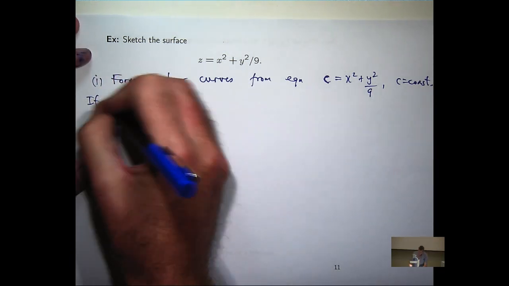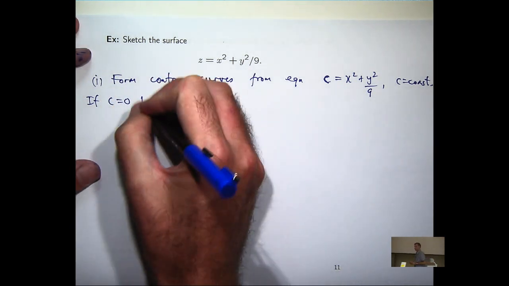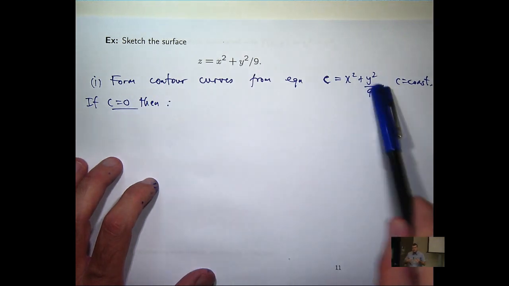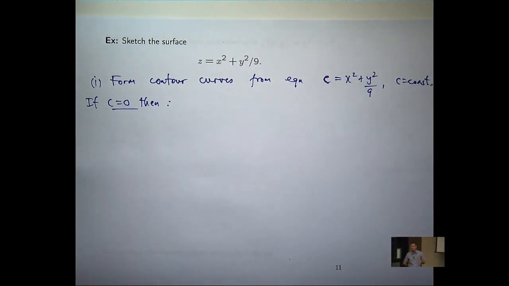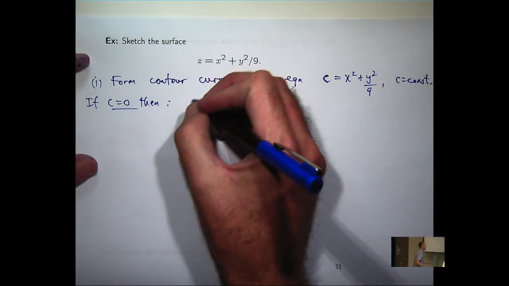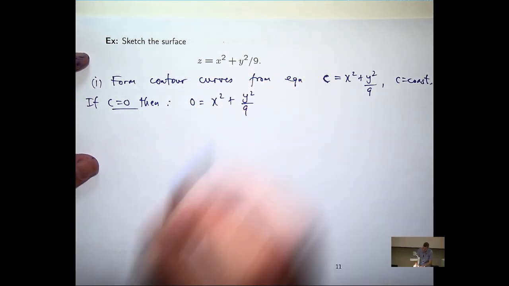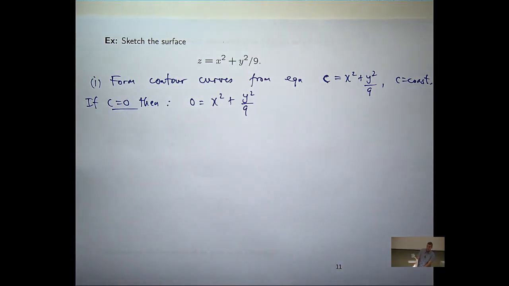So if c equals 0, then what are we going to get? Well, just replace c with 0, and you're going to get some sort of equation like this. So what's the solution to that bottom equation? What x and y satisfy that?